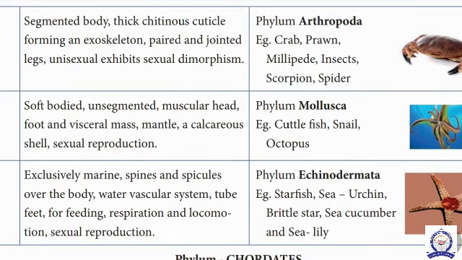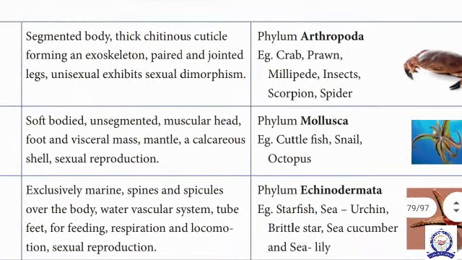Then paired and jointed legs. See here: crab, prawn, millipede, insects, scorpion, spider. Another example, cockroach. All the insects are included in this phylum. All the insects have jointed legs.